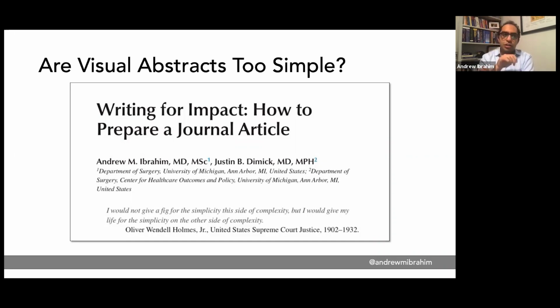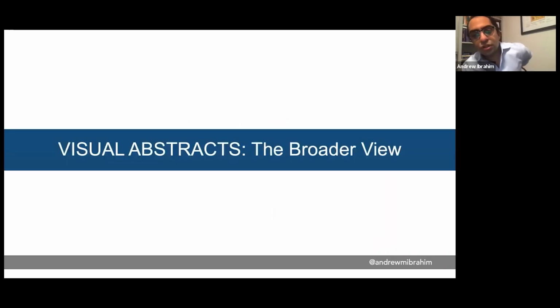In other words, when you're creating your visual abstract, if you just dumb it down to 3 or 4 words and you didn't really think about it, that's not helping anyone. But if you have rigorously thought through the content and you've distilled it to a handful of words that still capture the essence of the work, that's simplicity on the other side of complexity.